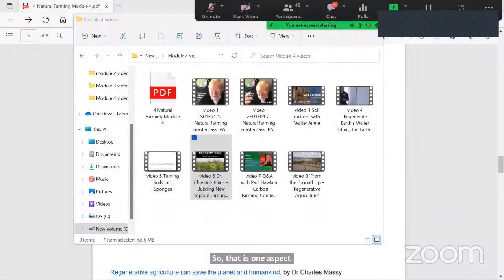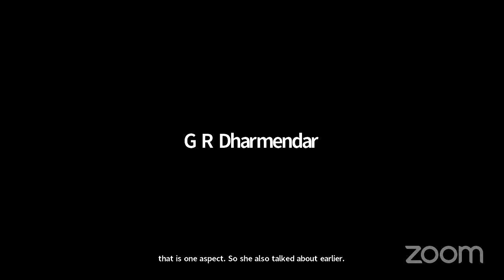So she also talked about earlier how we view soil at the base of the pyramid. If you look at soil in that simplistic way, you tend to test the soil for its quality and determine which nutrients are high or low. Based on that, you add some more nutrients. But if you look at soil from a different perspective, soil is not the foundation but an end product.